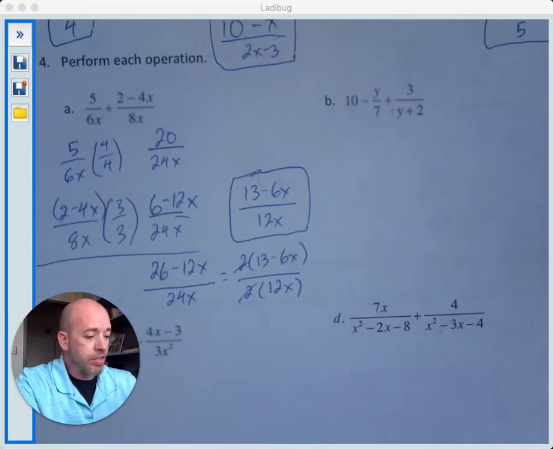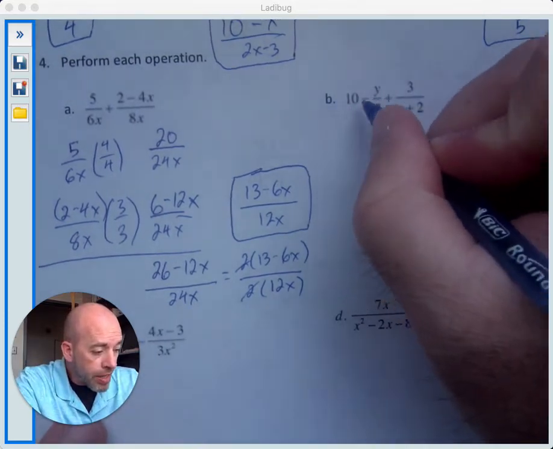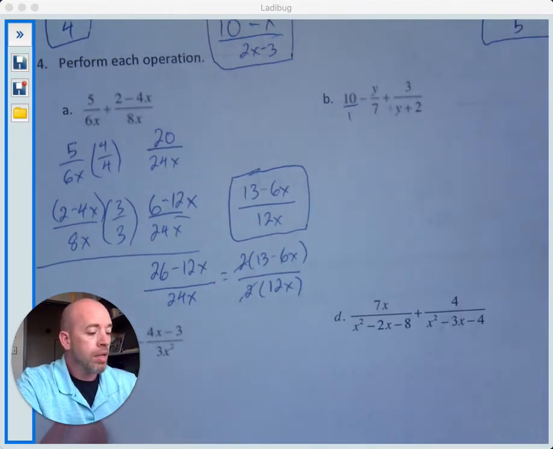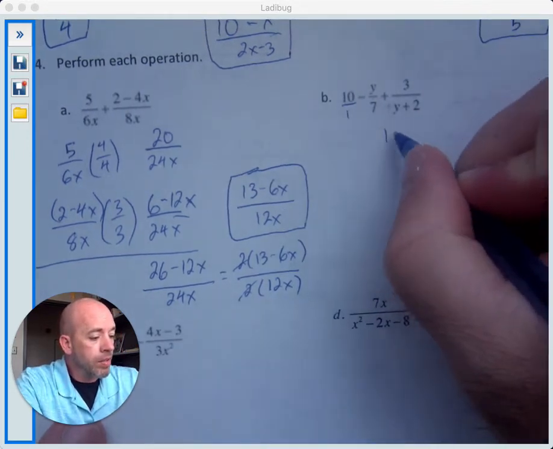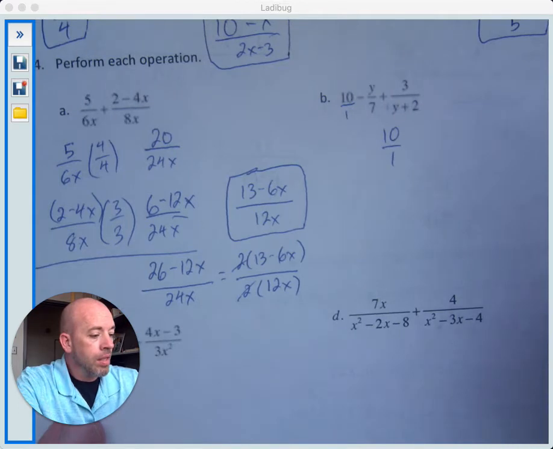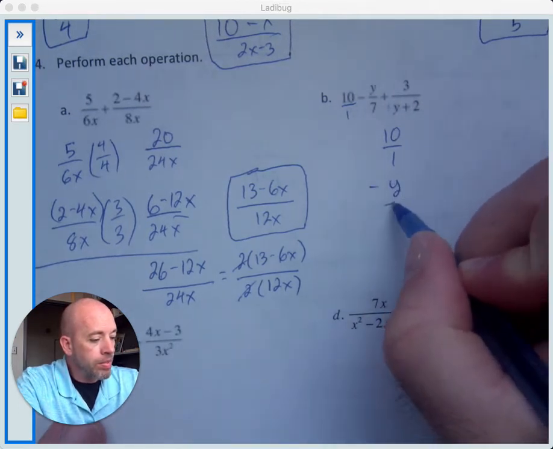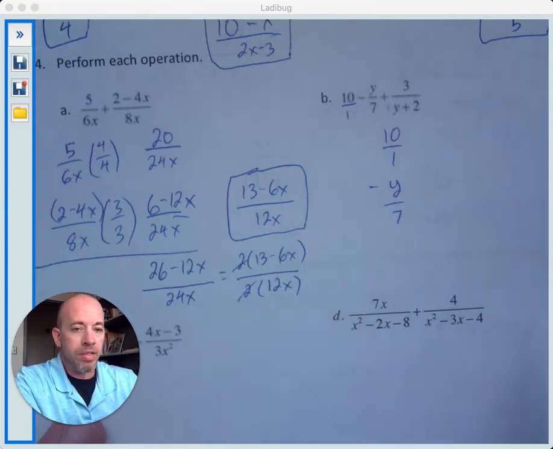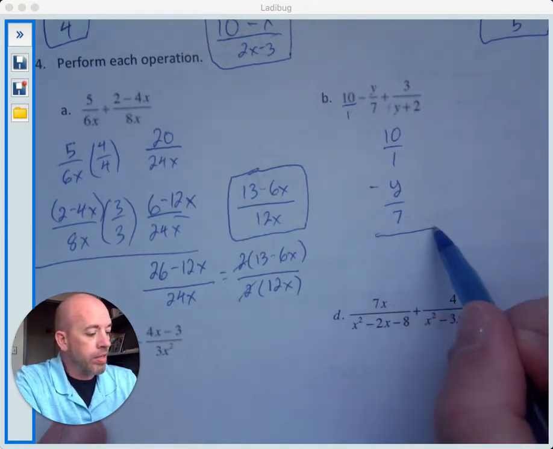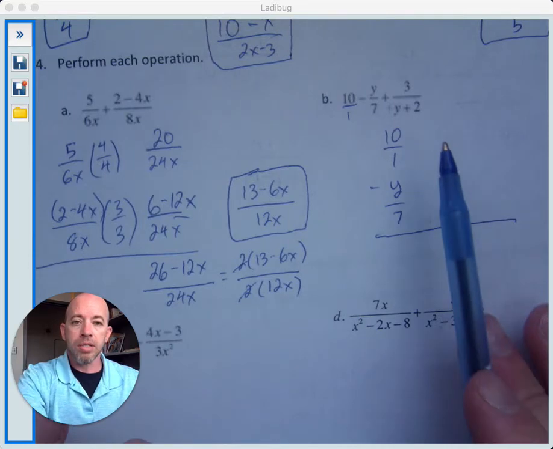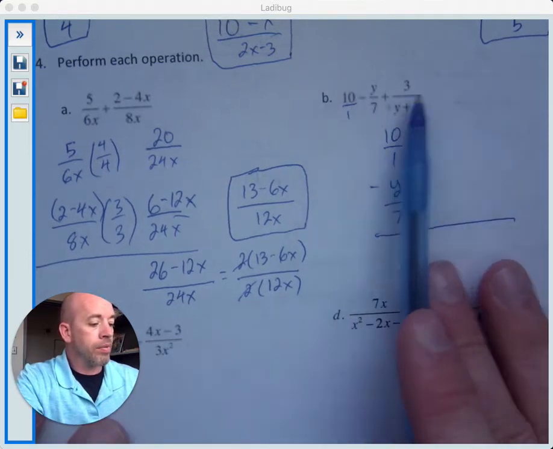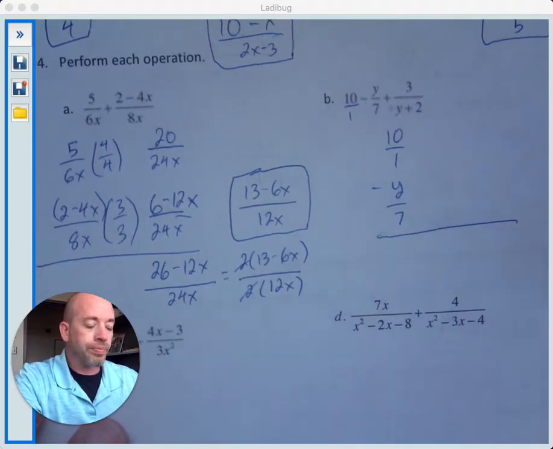We have 3 fractions. Well, this was not a fraction, but we could put it over 1, right? So I'm going to write this vertically, 10 over 1. And so minus y over 7. So I'm just going to do this a step at a time. I'm just going to take care of this one first, right? Order of operations, addition and subtraction, you do left to right, so we can take care of these 2 first.